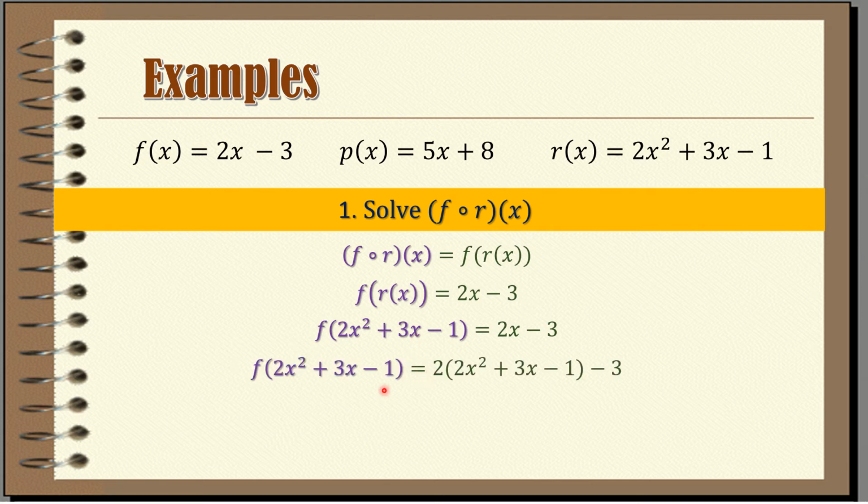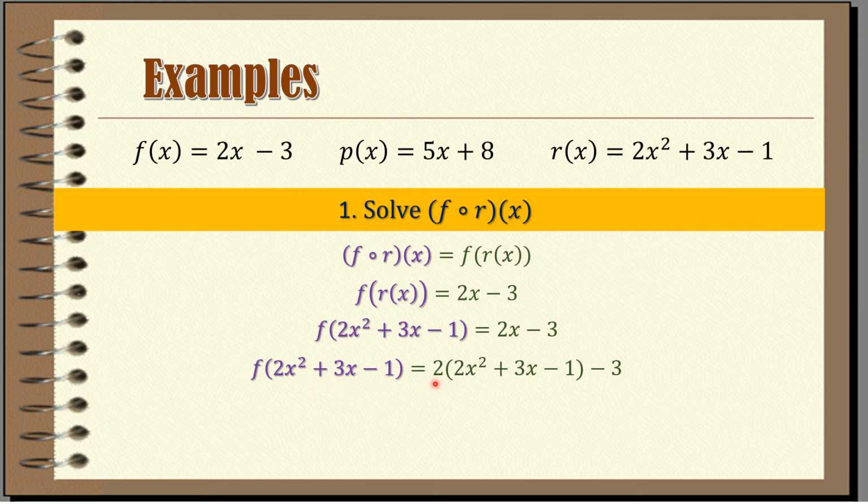So we have here f of 2x squared plus 3x minus 1 is equal to 2, then with x, we're going to replace that with this polynomial, that is times the quantity of 2x squared plus 3x minus 1, minus 3. We are just replacing the value of x with the polynomial we have on the left side of the equation. And then with that, we're going to simplify.